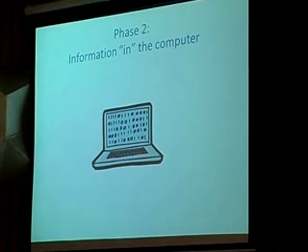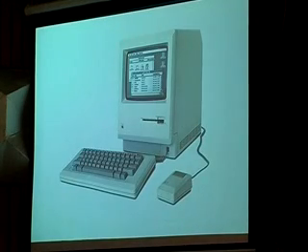Okay, so that got us up to the 1970s, and then we went into a new phase of the relationship between people and computers. And what characterized this second phase was that we discovered that we could keep the information in the computer, not just run it through. Slide. So it was the Macintosh and a little later Windows that made us realize this.